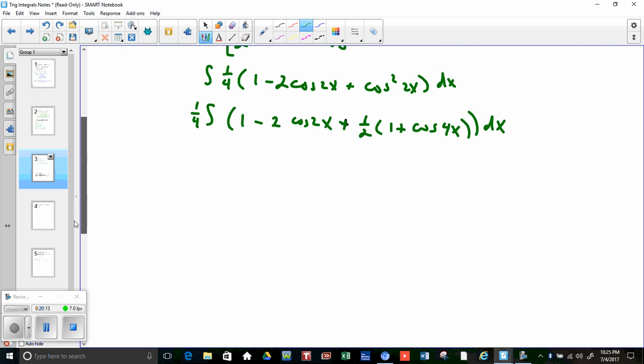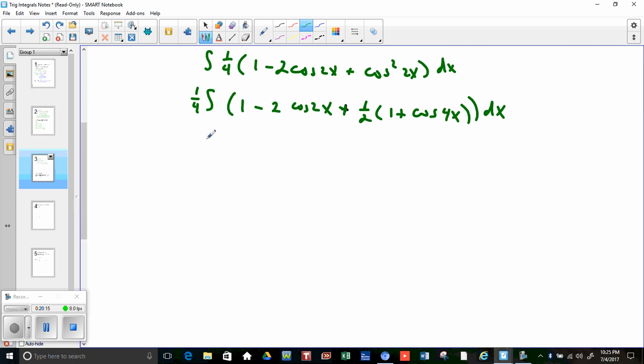So as you can see, this is becoming a little more lengthy. There is a bunch of algebra in these, so just be patient, take your time. You guys would not be in this class if you couldn't do some algebra. 1 minus 2 cosine 2x. Distribute the 1/2 through here, plus 1/2 plus 1/2 cosine 4x, dx.